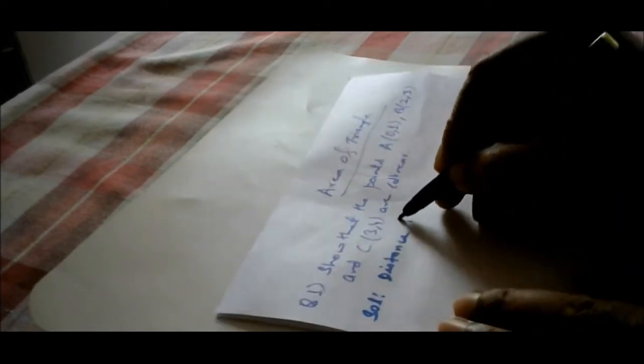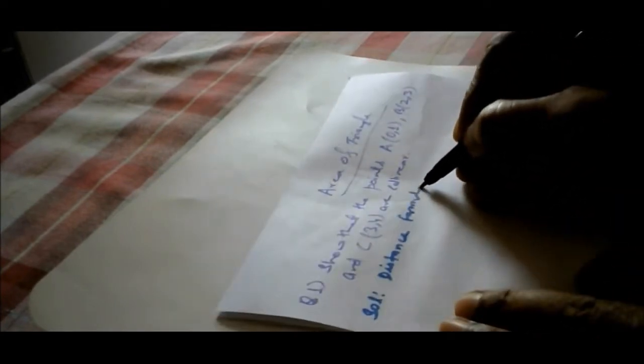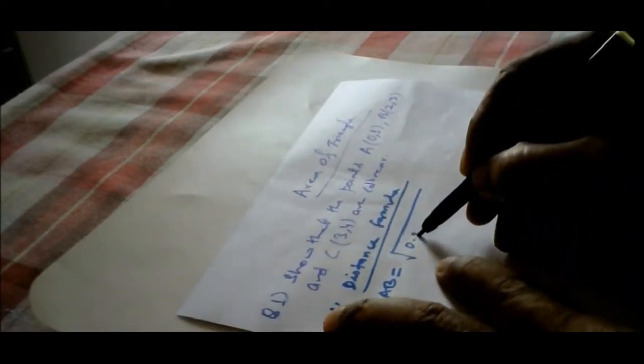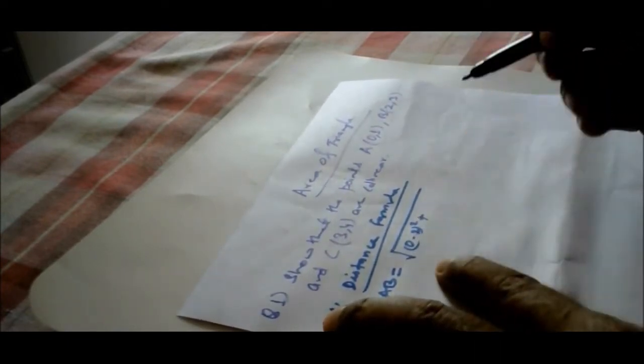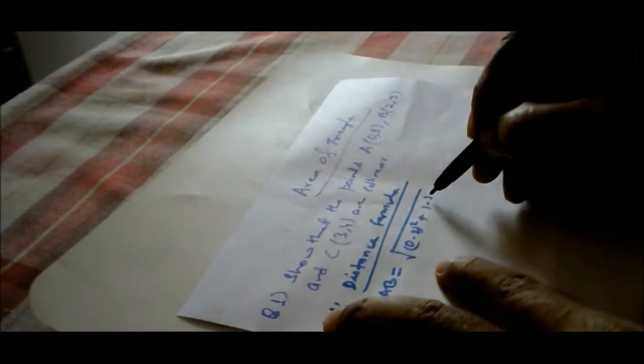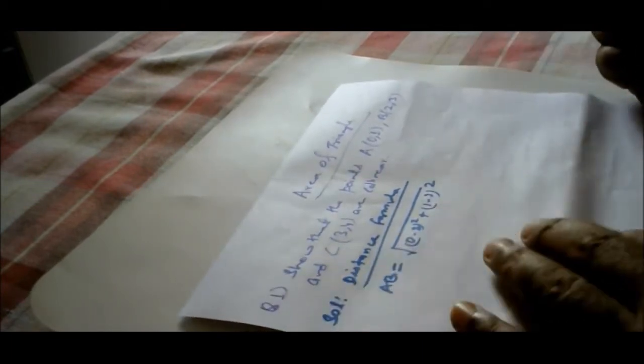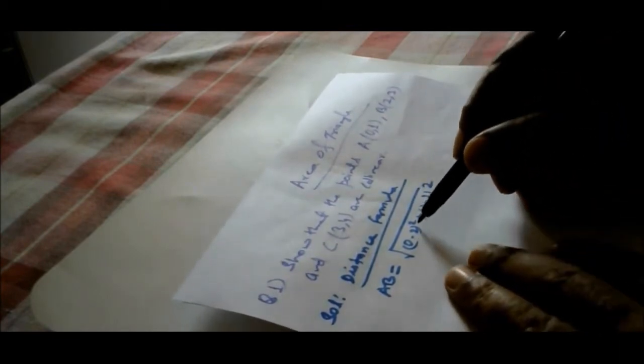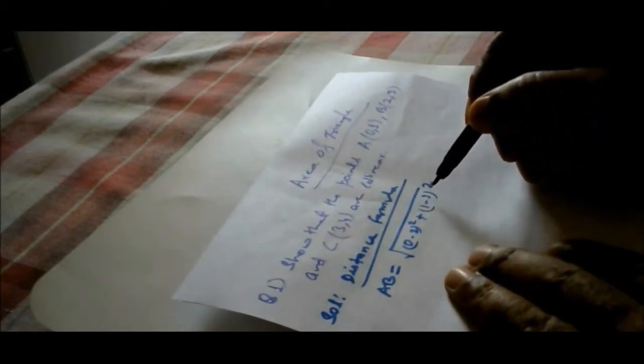Distance formula. Let us find AB first, the distance AB. AB is the whole root of (0 minus 2) whole square plus (1 minus 3) whole square. This is the distance formula: whole root of (x1 minus x2) whole square plus (y1 minus y2) whole square.